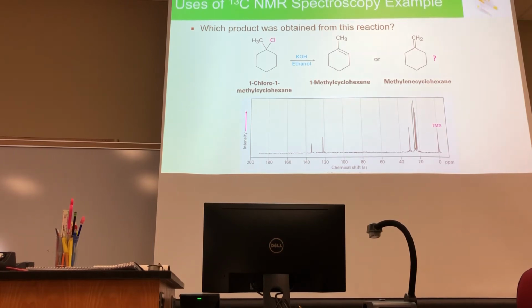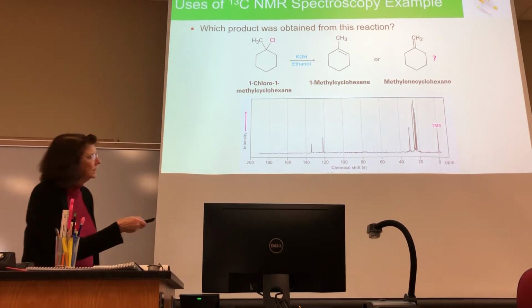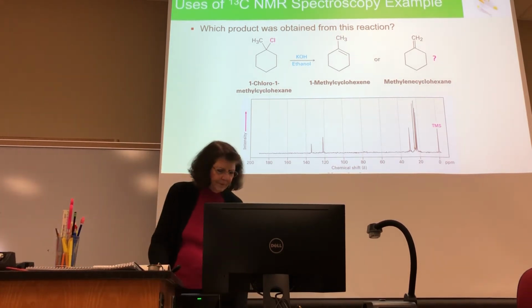So now how many environments do we have down here? 7. So, and this would actually make sense. We have our alkenes right here, these 2 carbons here, and these are all more shielded environments. So it would make sense.